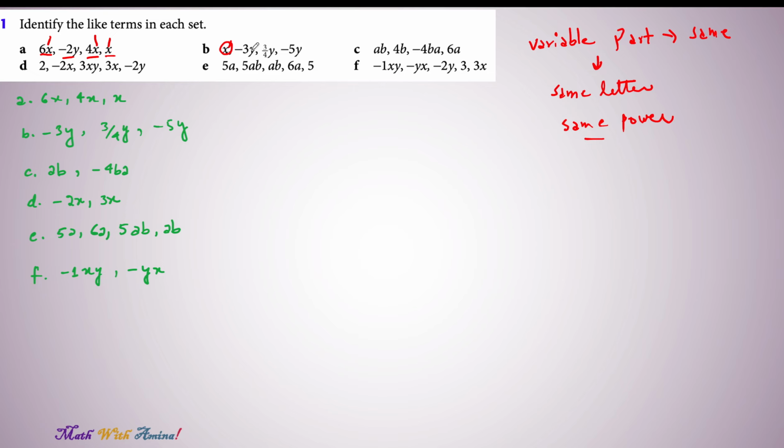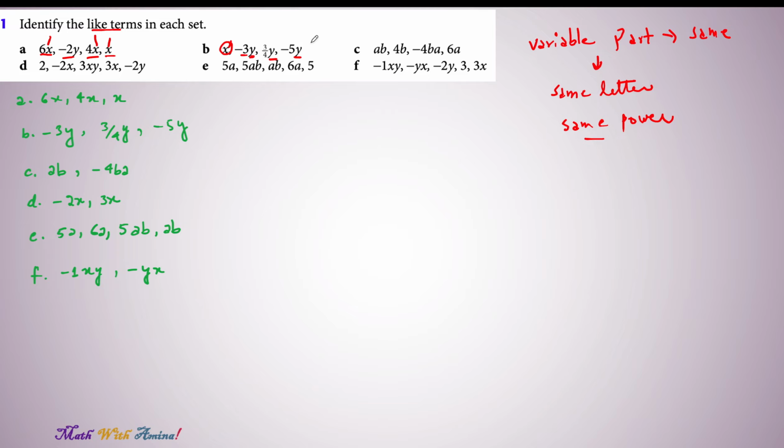We go to the next one: we have minus 3y, 3 over 4y and minus 5y. Again, when we are picking the like terms, we do not look into the coefficient, we look into the variable part, and we see it is the same letter: y, y and y.